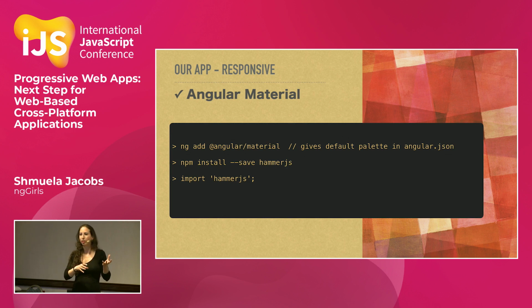For example, it loads the animations module in the main Angular module, and whatever it needs to do, all the instructions that they have on the website on how to add Angular Material to your application, it's done automatically here.